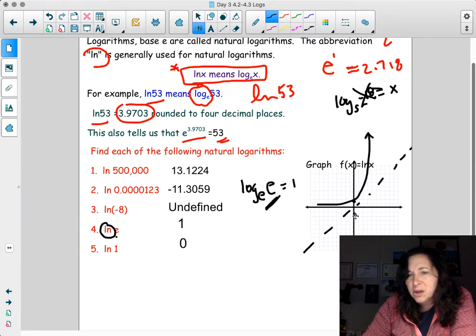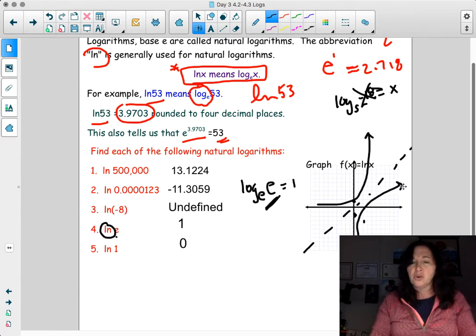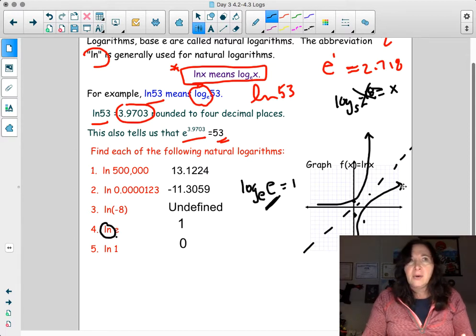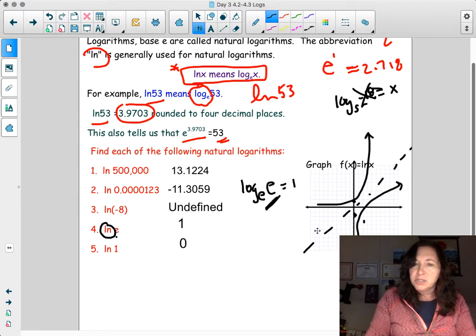So it is going to go through here, like this. And so you actually don't have to know how to graph ln of x other than that it is an inverse of e to the x power. You can just reflect it across your y equals x axis, which is this axis right here.